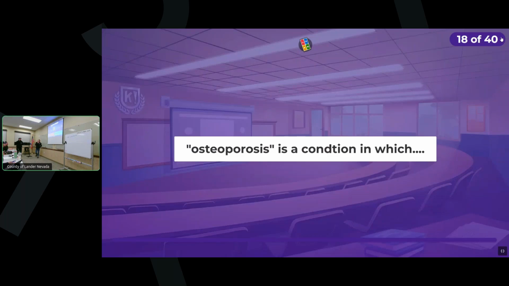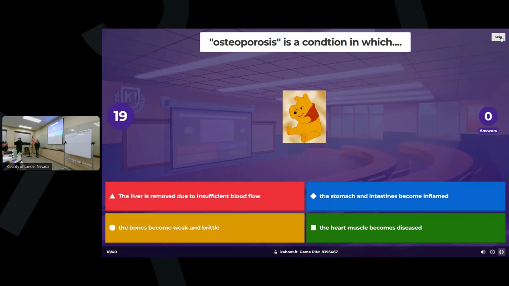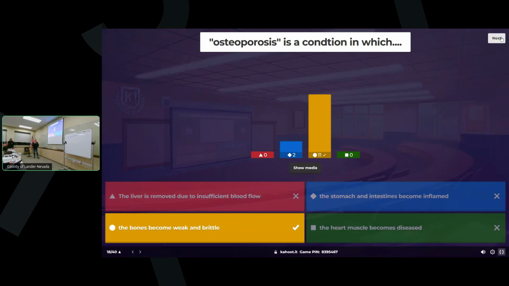Osteoporosis is a condition in which, so osteo always means bone, right? So osteoarthritis, osteoporosis.